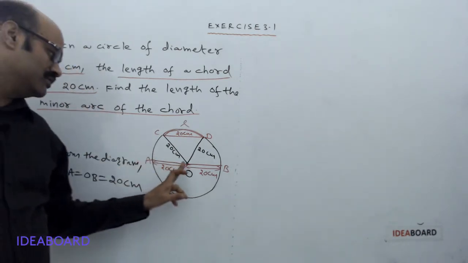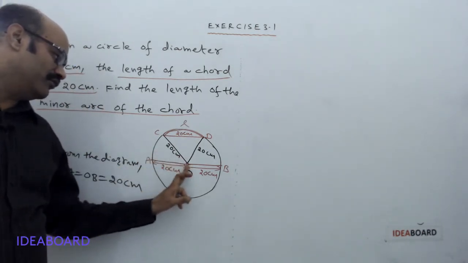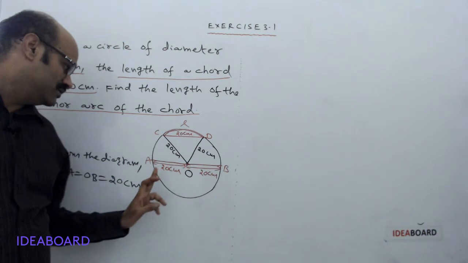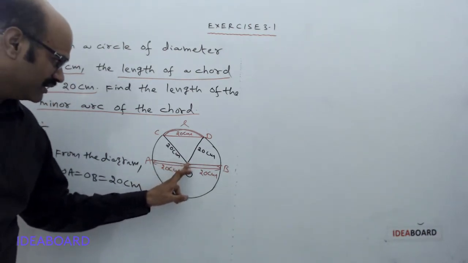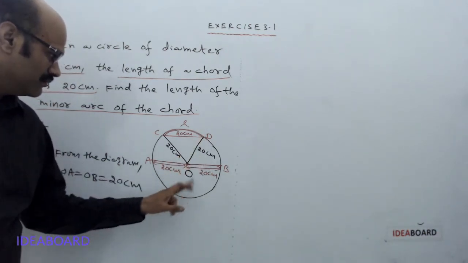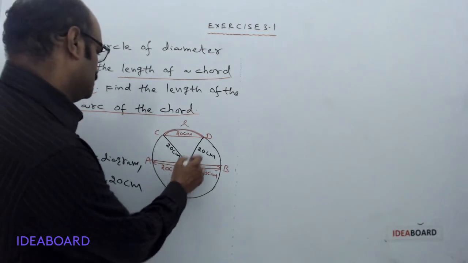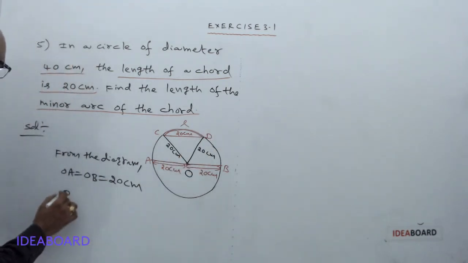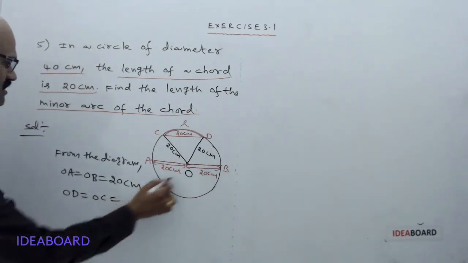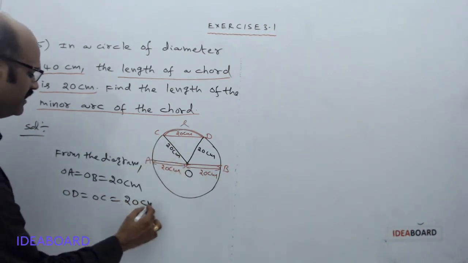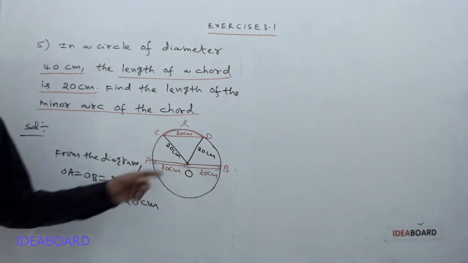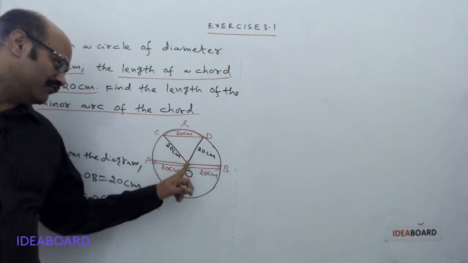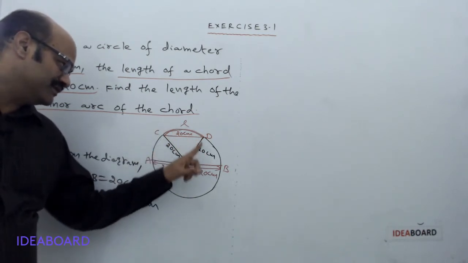Now we even have OC equal to OD equal to 20 centimeter, because OD and OC are radii of the circle.